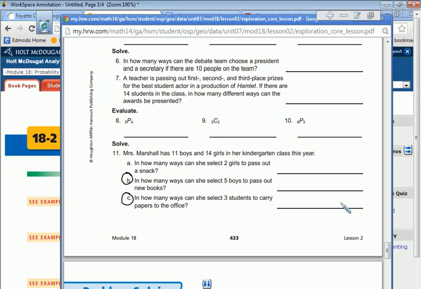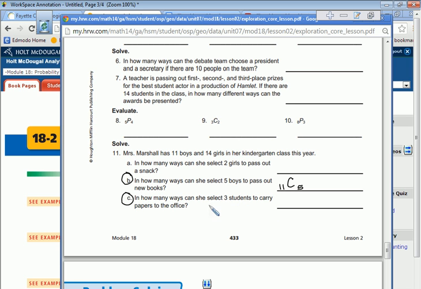Okay, so what are you thinking we need to do here? How many are we choosing? 5. Okay, is this a combination or a permutation? Combination. And how many boys does she have to choose from? 11. Does that make sense?